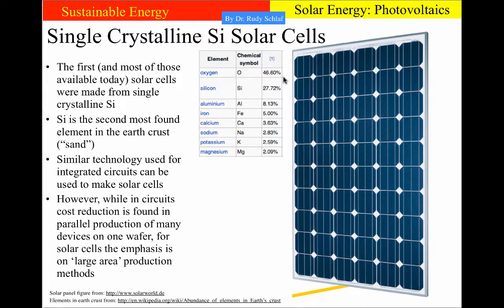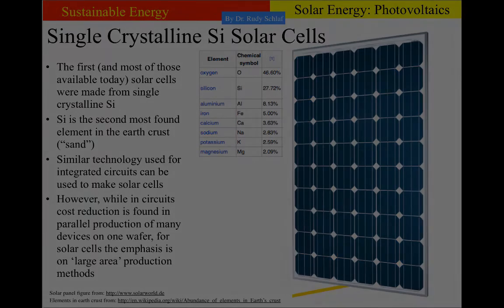In the crust of the Earth there is 27.27% silicon, and therefore one can expect that there will not be material shortages. The availability of the absorbing material is a big concern with solar cells. If large-scale implementation of solar energy is desired, then vast areas need to be covered with solar cells, and this requires a lot of material.